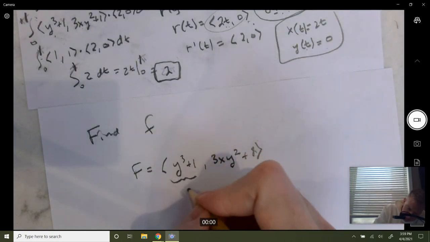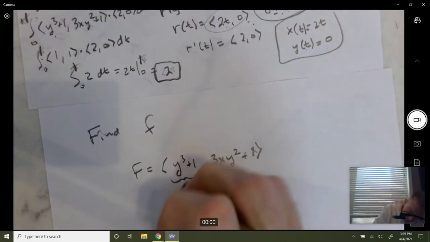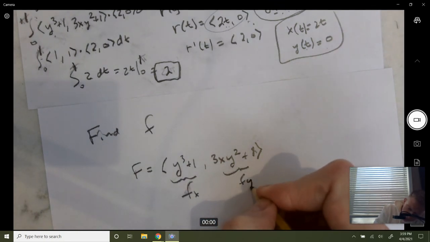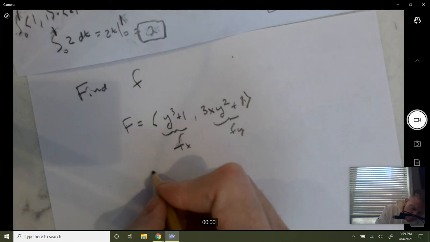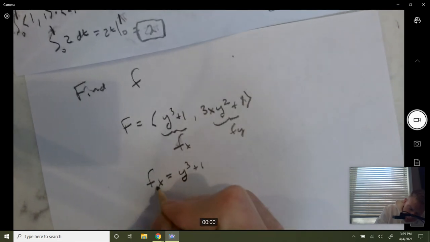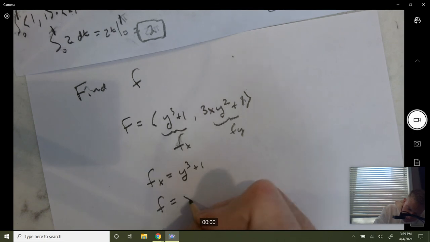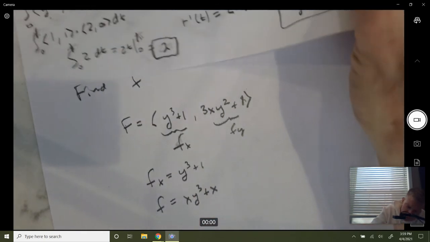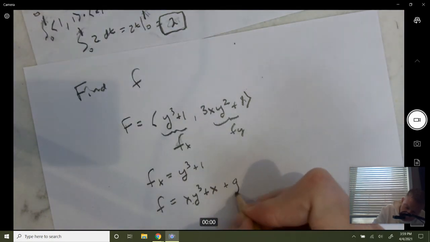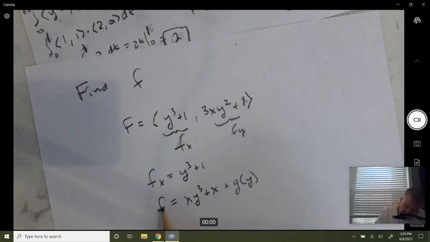This thing is an f_x, this thing is an f_y. So f_x equals y cubed plus 1. Take an antiderivative, so that's going to be xy cubed plus x, plus some function of y. Double check that. If you take an x derivative, you get y cubed plus 1 plus 0.